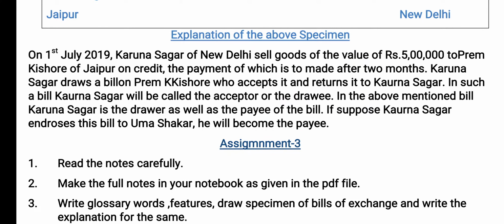So students, for today, this is our topic, bills of exchange and its features and specimens. As per my instructions, read the notes carefully and make full notes in your notebooks as given in your PDF file. Write all glossary words, features, draw the specimens and the explanation for that, and do the work properly.